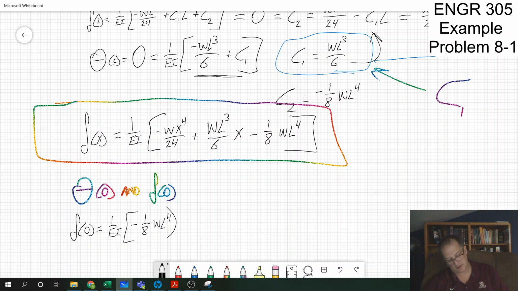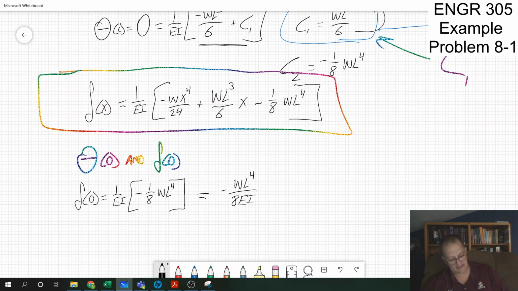I should have my brackets match up. WL to the 4th. I write that as minus WL to the 4th over 8EI, because that's the way it's going to show up.